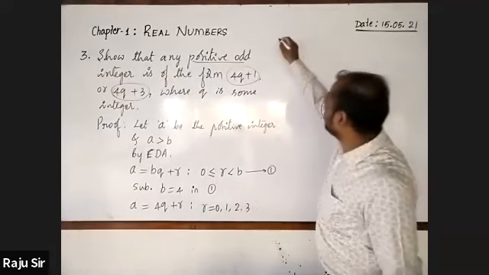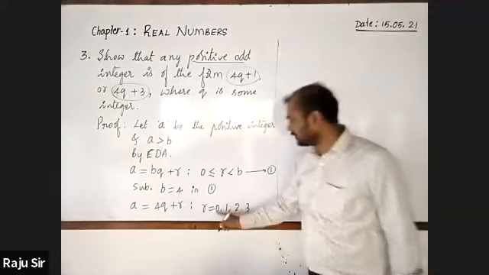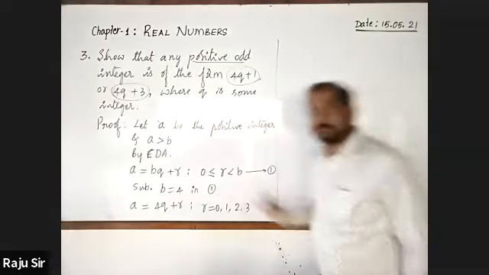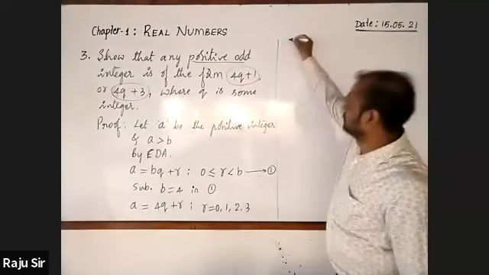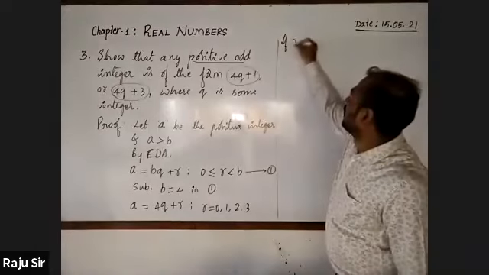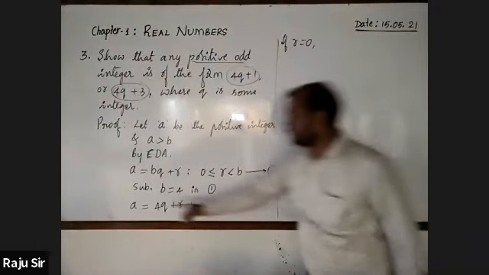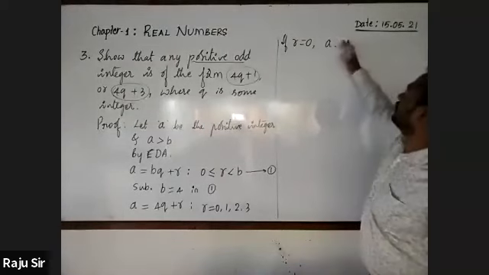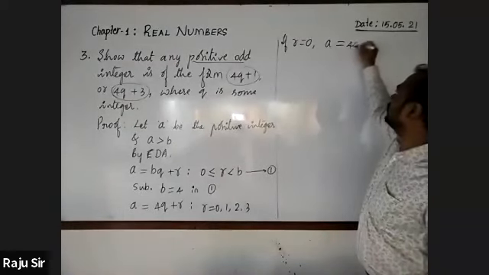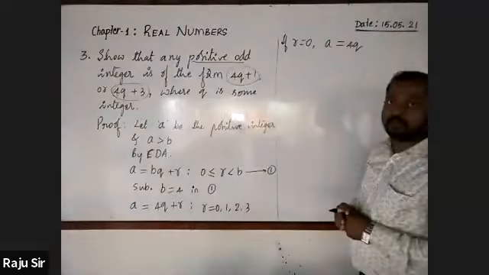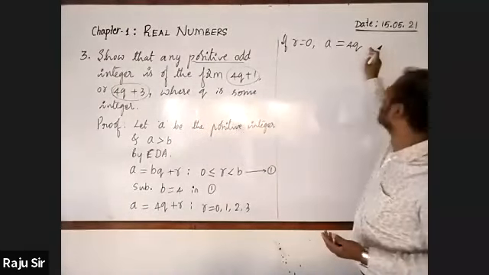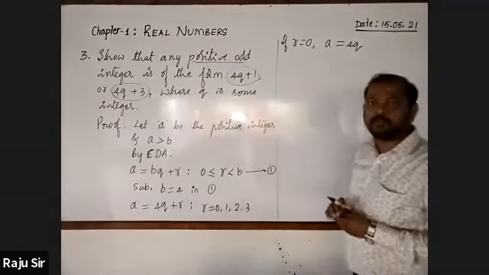Now let's substitute these possible remainders in this statement. If r equals 0, first one, a equals 4q plus 0. It can be written directly as 4q only, right?